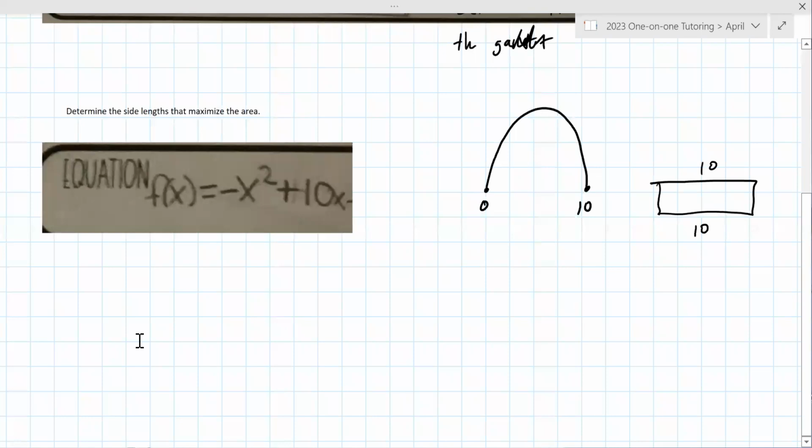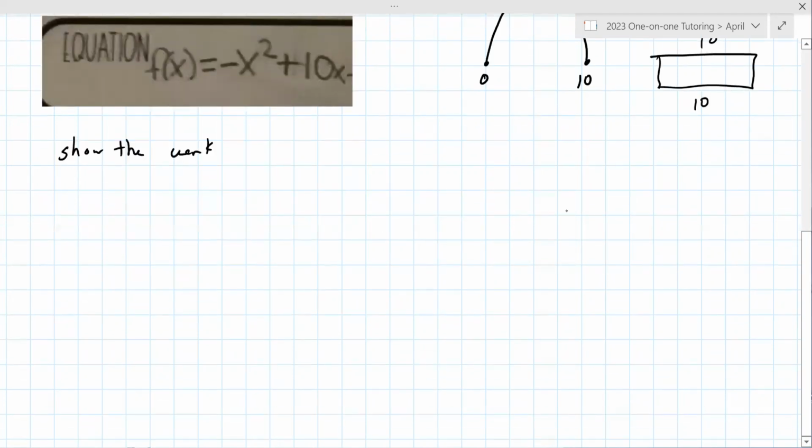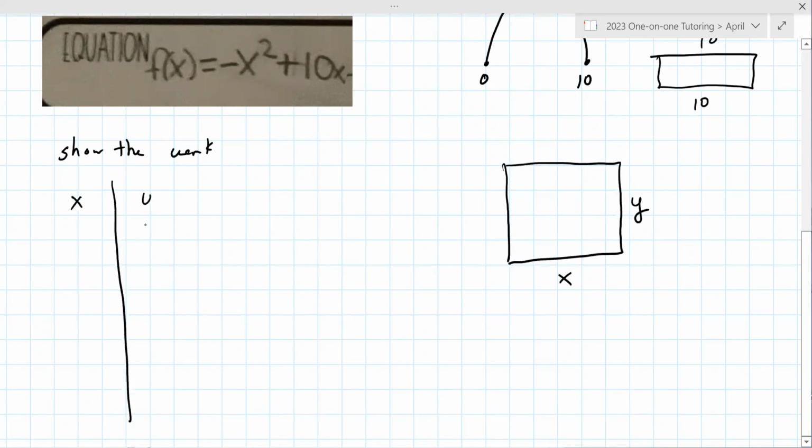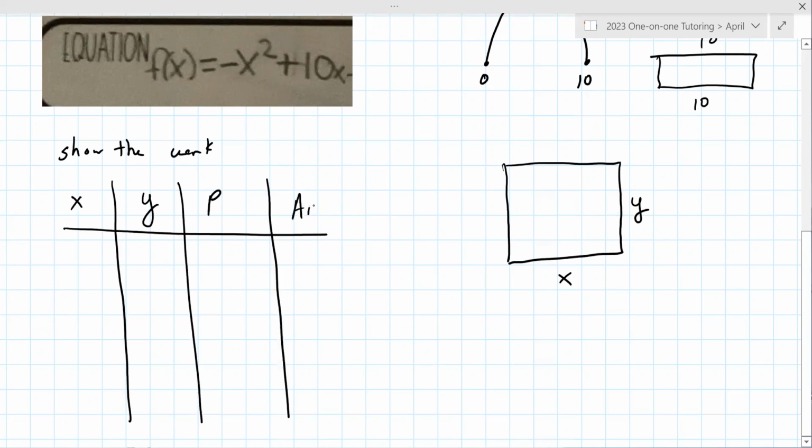Now the show the work here, you could do a couple of things which I think would be good, especially if you had to present this to the class, which is to label some possible values of X and Y, and then put something in here like perimeter and then area.